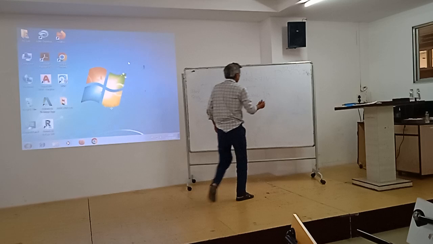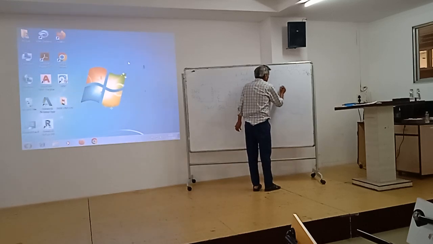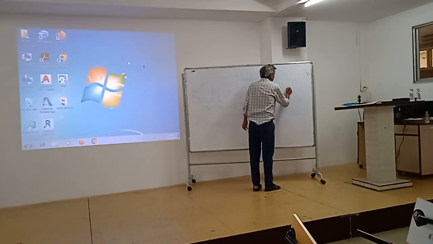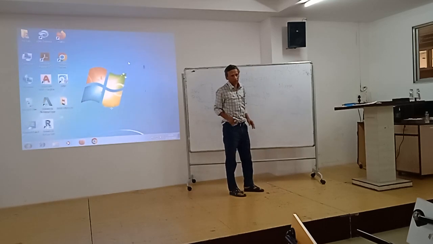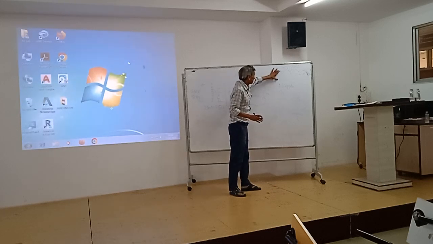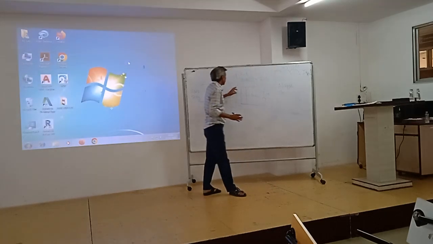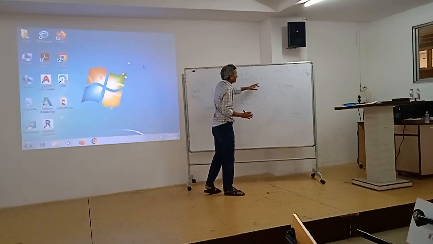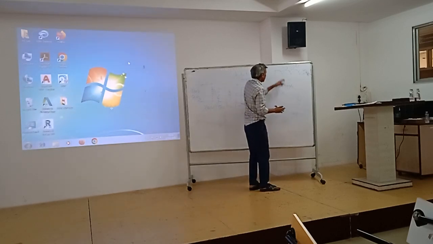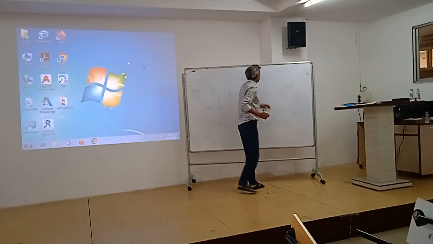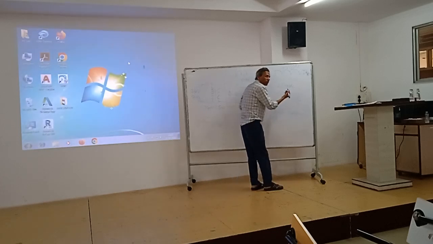Suppose I am assuming 1% ripple. So approximately, this is 71 volt. So percentage ripple, say 2%. So around 1.5 volt.